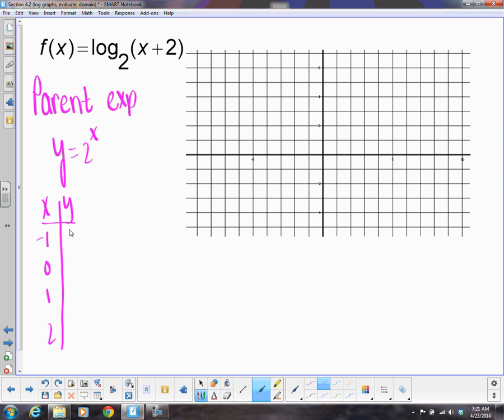What's 2 to the negative 1? 1/2. What's 2 to the 0? What's 2 to the first? 2 to the second. Okay, so now this is the logarithmic parent. So the log parent is going to look like, notice I don't graph those. What am I going to do? So it's going to be 1/2, negative 1; 1, 0; 2, 1; 4, 2.